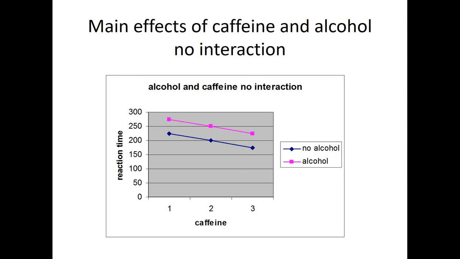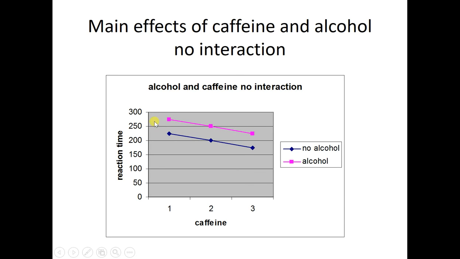What does that mean? Well, we see there's a main effect of caffeine both for our non-drinkers and our drinkers. The reaction time goes down the more caffeine they get. And for each level of caffeine, we see that the alcohol group is slower than the no alcohol group.